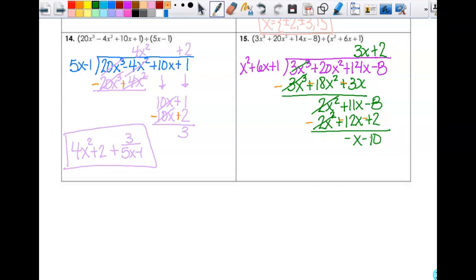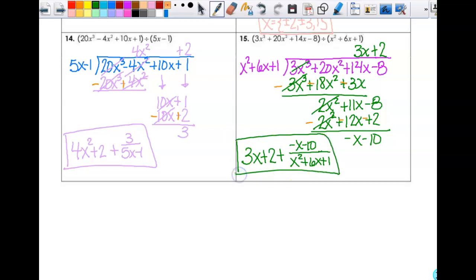So my answer then is 3x plus 2 plus, because I always add my remainders, negative x minus 10 over x squared plus 6x plus 1. That's my answer. All right, that's page 1. Let's look at page 2.